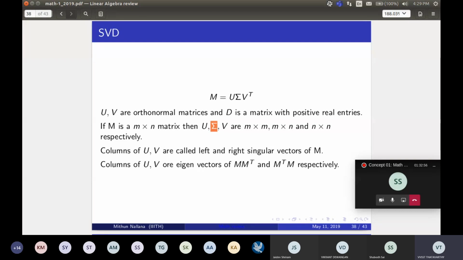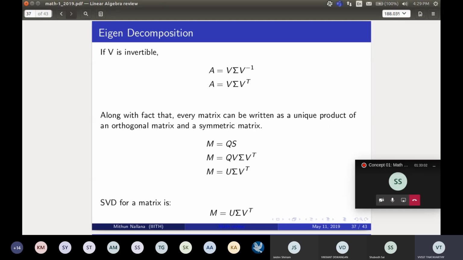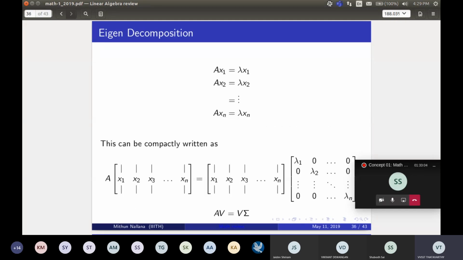Sometimes you will come across overdetermined systems of equations. In those cases, these decompositions play a vital role in solving those equations. We'll see how they are useful in the coming sessions.